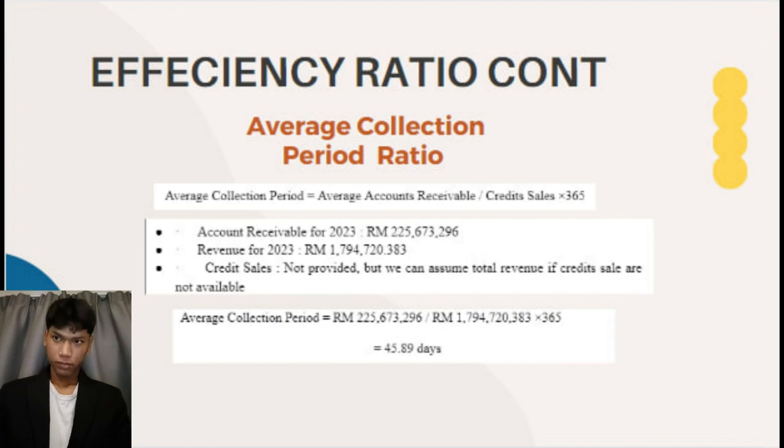So the calculation will be average collection period equals 225,673,296 divided by 1,794,720,383 multiplied by 365. We got 45.89 days. This indicates that it takes Just Resource Berhad approximately 46 days to collect payment on average.